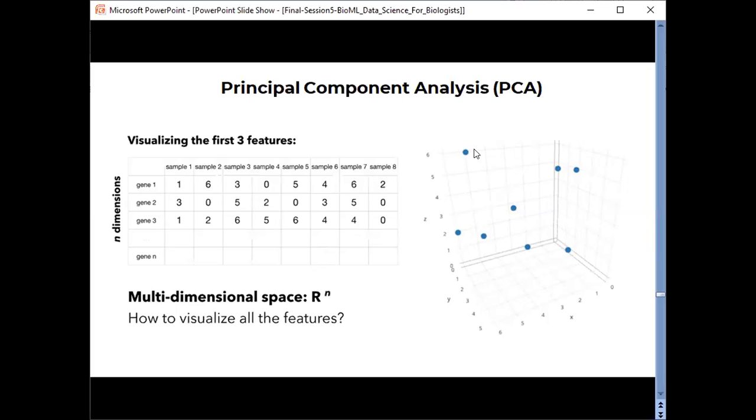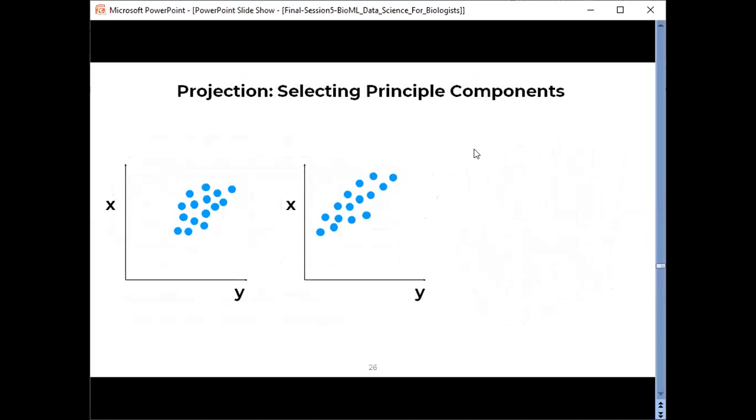Let's try to understand how PCA works. If we use the approach of principal components, we are looking for a plane or a vector in the multidimensional space that can explain the variance in our data. Here is data with low variance, and we have data with high variance.